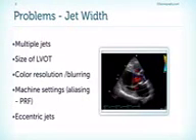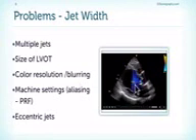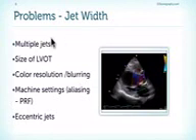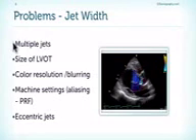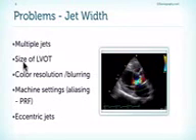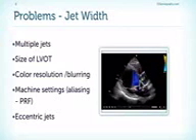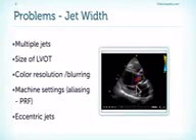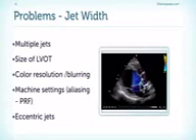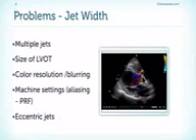Even though it's quite clear that the broader the jet is, the more severe regurgitation is, there are still a number of problems that you will encounter in clinical practice. First of all, what do you do with multiple jets? Second, it also depends on the width of the LVOT. It also depends on the resolution of the color, especially if you have poor image quality, and if you have blurring of the color, this can be quite difficult to perform at times.